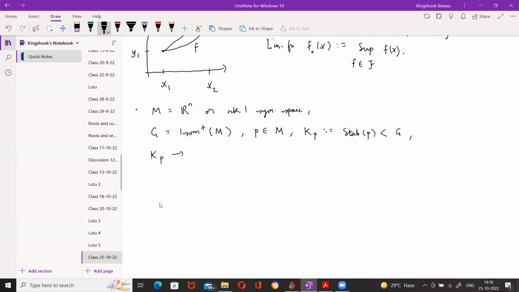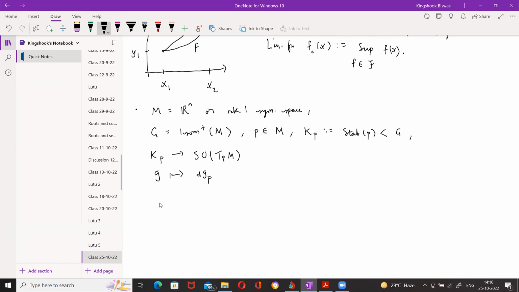So there's an injective homomorphism to the special orthogonal group of the tangent space, which just sends an element G in the stabilizer to the derivative of G at P. Because G is an isometry which fixes P, the derivative at P acts on the tangent space at P. Because G is an isometry, this linear map is also an isometry, and it is orientation preserving because we're looking at orientation preserving isometries.